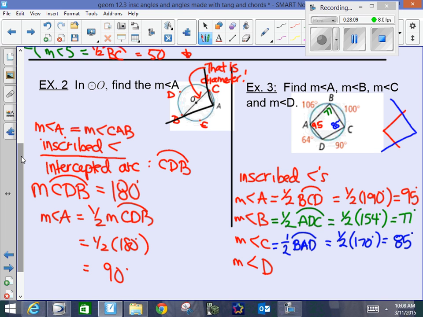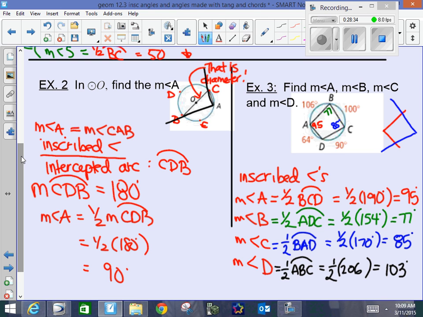And finally we're ready for D. What's the intercepted arc for angle D, Mary? ABC. Very good. And the measure of ABC is what? 206, and half of that is?